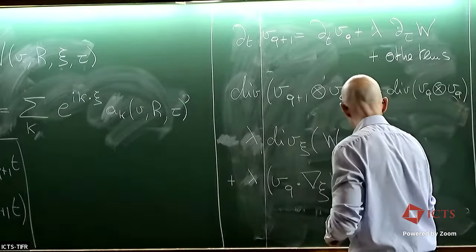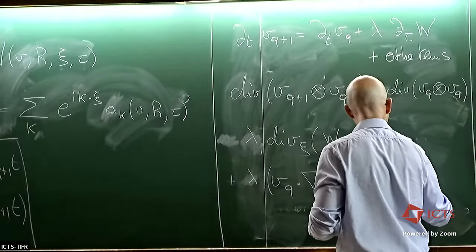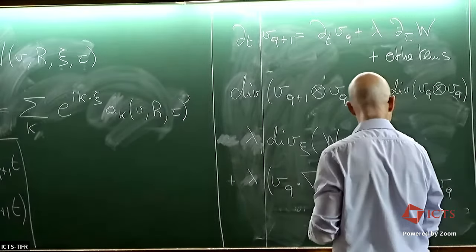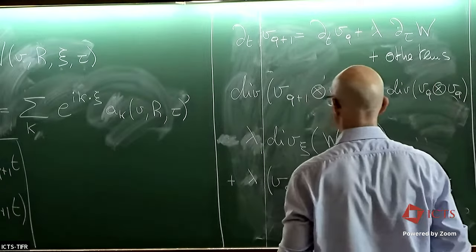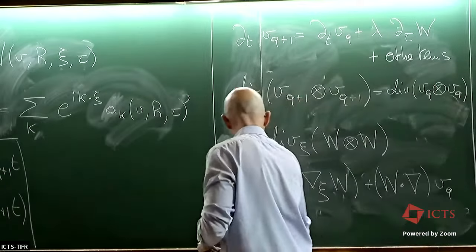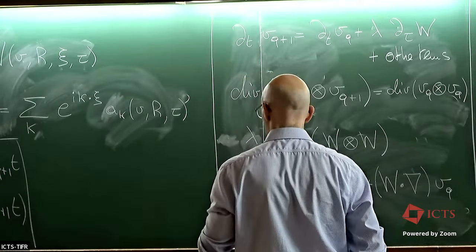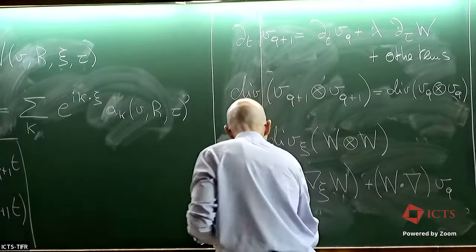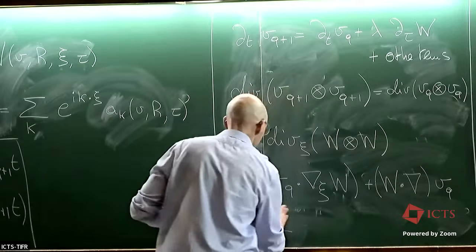Okay, then I have other terms. I have this one, for instance, W dot grad VQ. Okay, and let me just put it over here because it's important. I have a term that I want to isolate, and the term that I want to isolate is that I will have the sum of, well, okay, so let me not do anything over here.